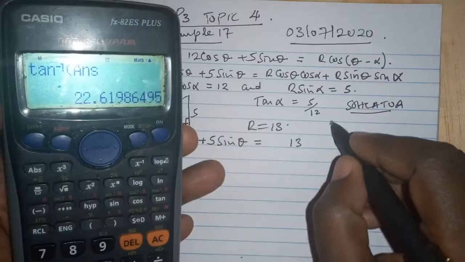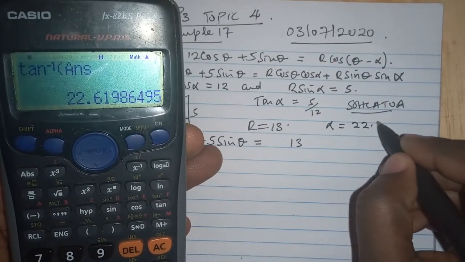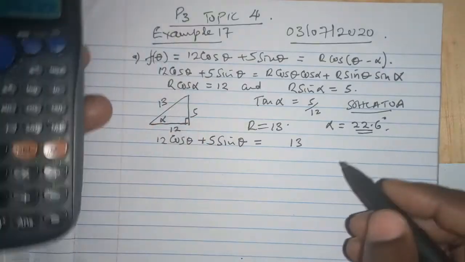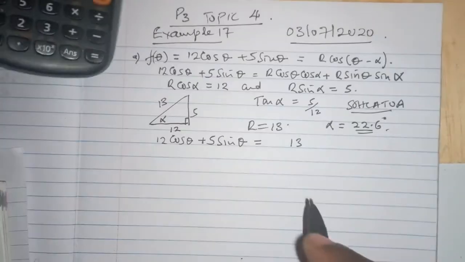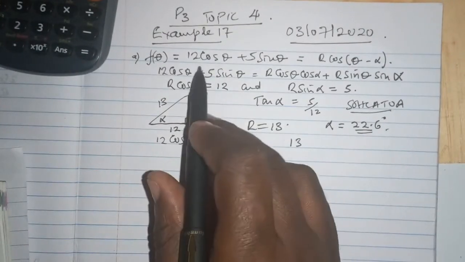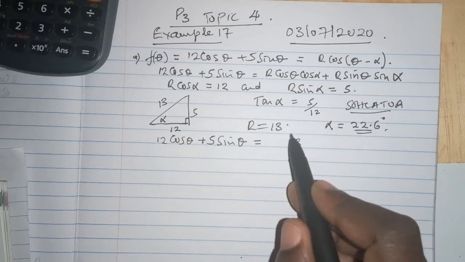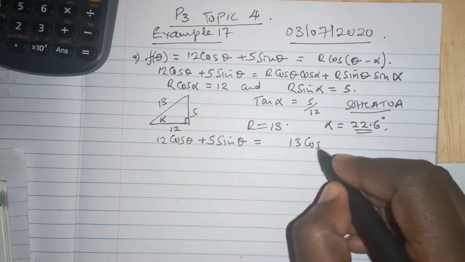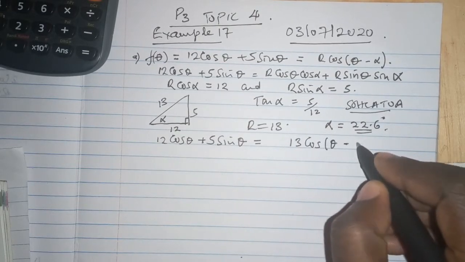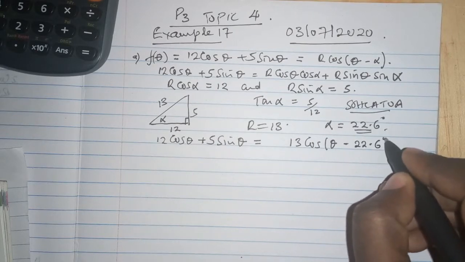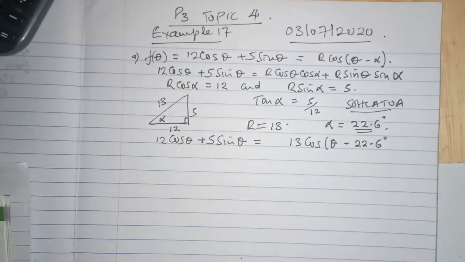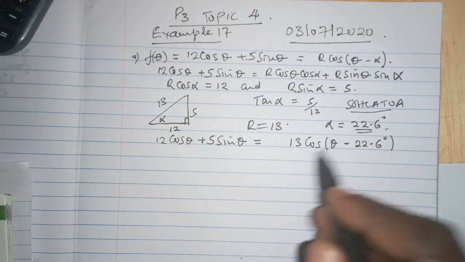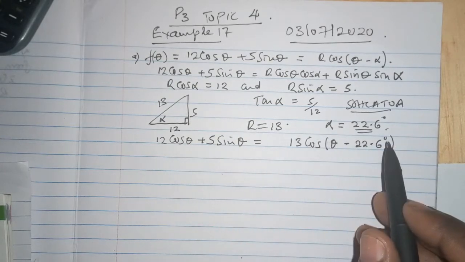We have alpha is 22.6 degrees. So by the time we are talking of writing this in this format, we have r, which is 13, cosine theta minus 22.6 degrees. And that is what we are expected to do in part A. We have been able to express this that way.